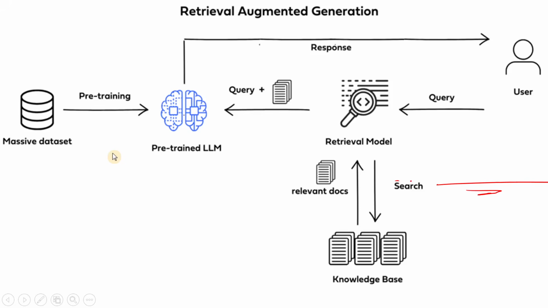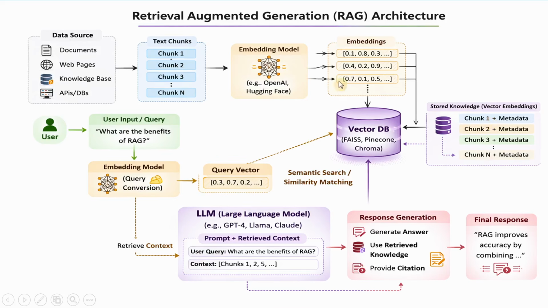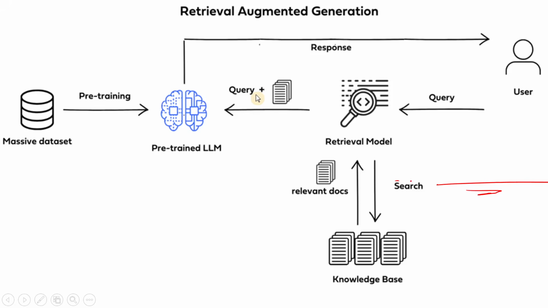So this is how it works basically, and this is a more elaborate slide. The user sends a query, and the system performs a semantic search and gets the information retrieved from the knowledge base or database. Basically, the source of truth is the internal database.